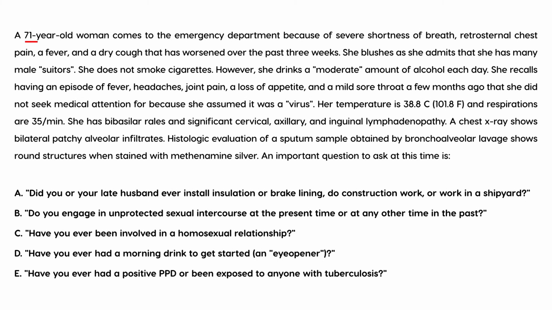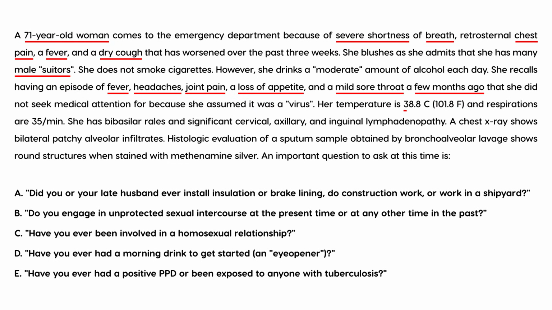Next question. A 71-year-old woman comes to the emergency department because of shortness of breath, retrosternal chest pain, fever, dry cough. She blushes and she admits that she has had many male suitors. She does not smoke. However, she does drink a moderate amount of alcohol. She recalls having an episode of fever, headaches, joint pain, loss of appetite, and mild sore throat a few months ago. And she did not seek medical care because she assumed it was a virus.